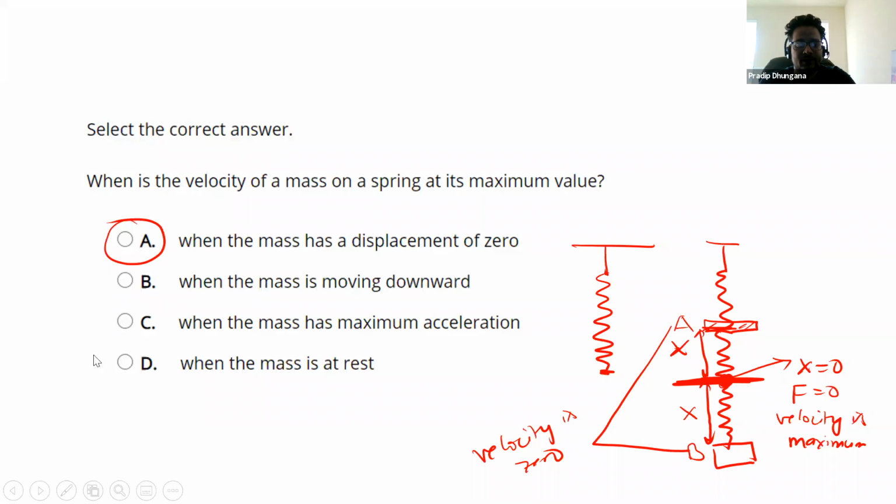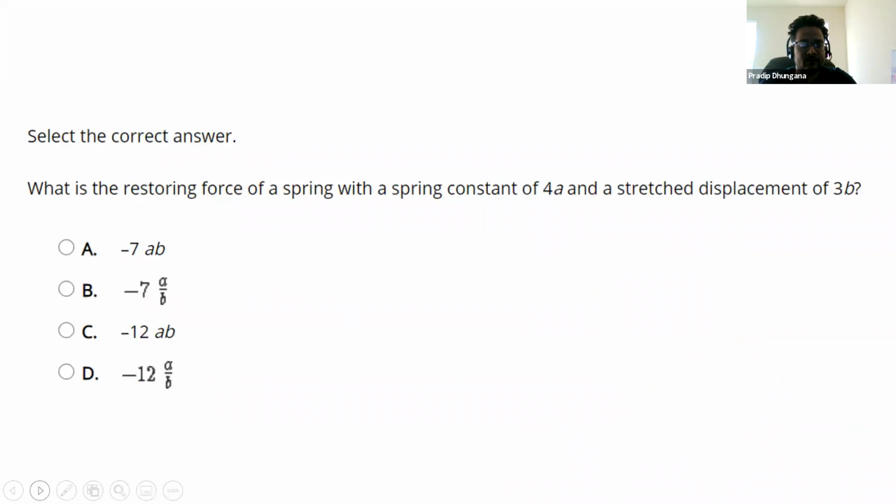Okay, now let's go to the next question. For this question, at first I'll write the formula to calculate restoring force based on Hooke's law, and then I'll give you some time to answer this question. The question is, what is the restoring force of a spring with a spring constant of 4a?